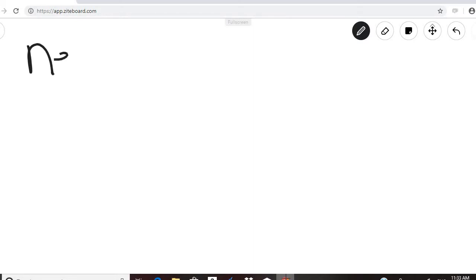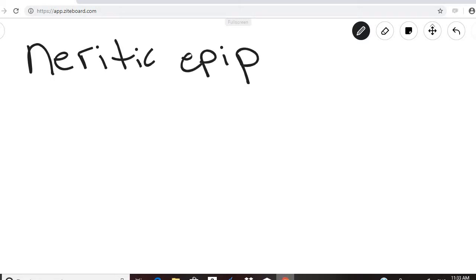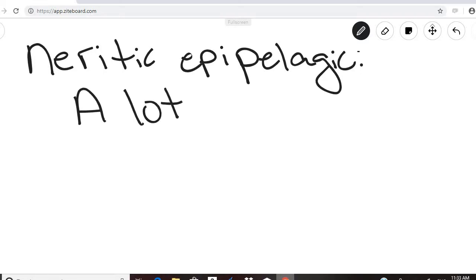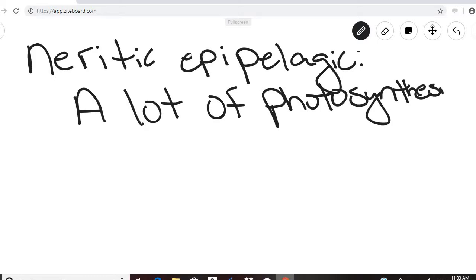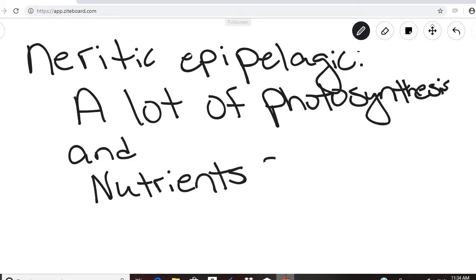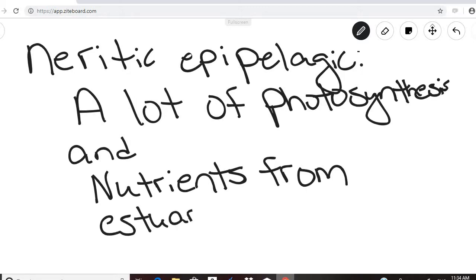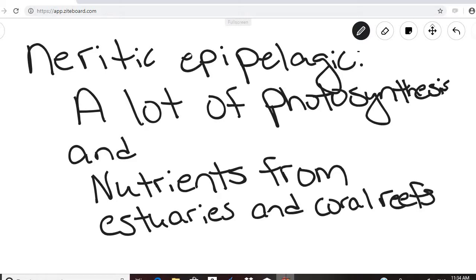In the neritic epipelagic, okay, so again, that's the area over the continental shelf. In this area, you will get a lot of photosynthesis. And you will also get nutrients that come in from estuaries and coral reefs, because those are going to be nearby.